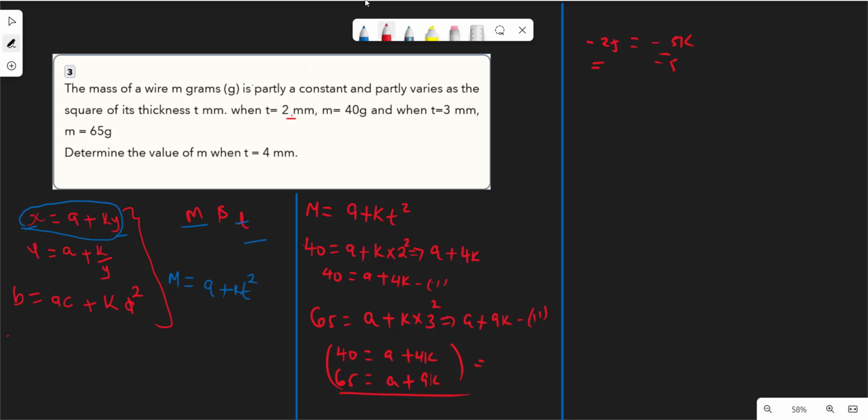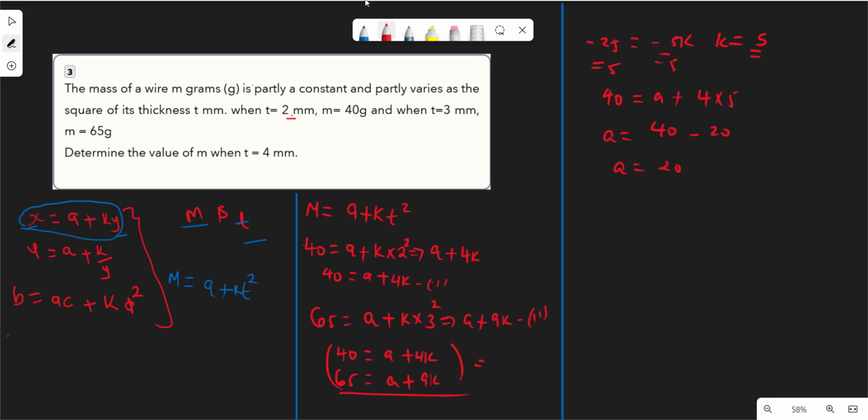Dividing both sides by negative 5, we get k as positive 5. Now once we get k, we can go back to either of the equations and get the value of a. So 40 equals a plus 4 times 5, and therefore a equals 40 minus 20, and that is the same as a equals 20.